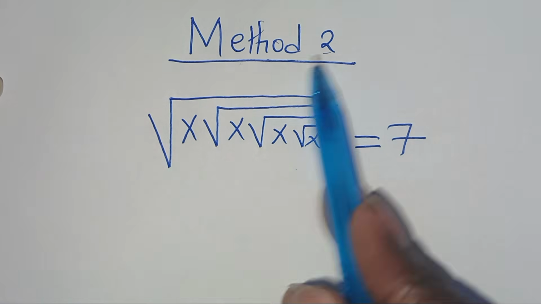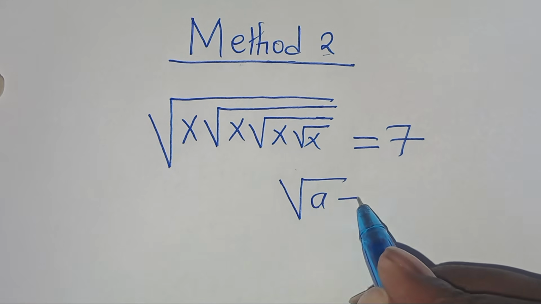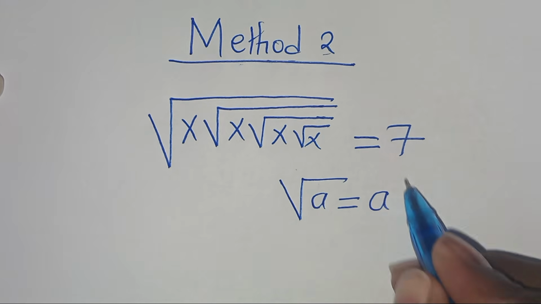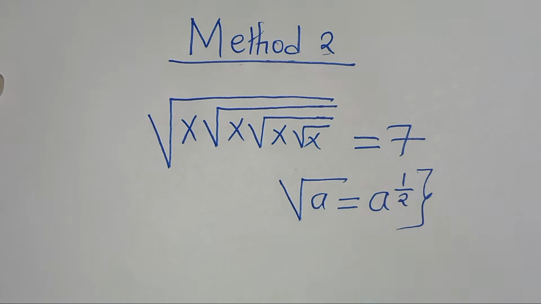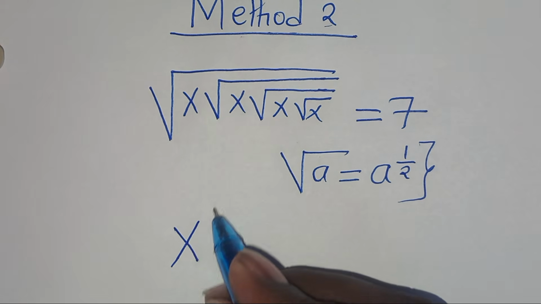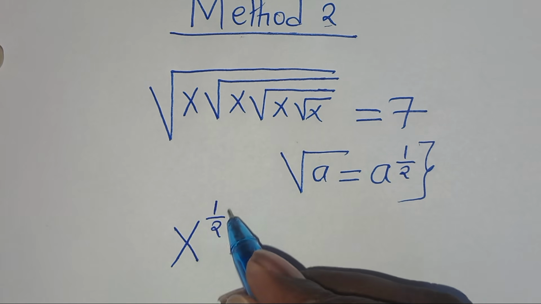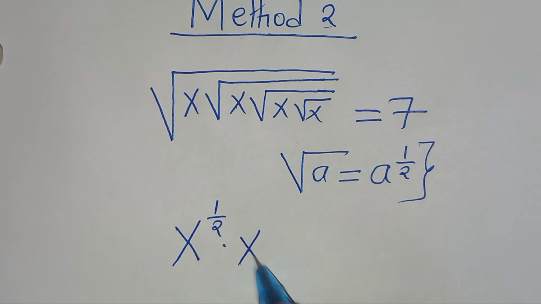Now, by applying method 2 here, we have that the square root of a can also be expressed as a raised to the power of a half. So let's apply this property, so that now here we have x raised to the power of a half multiplying by x.